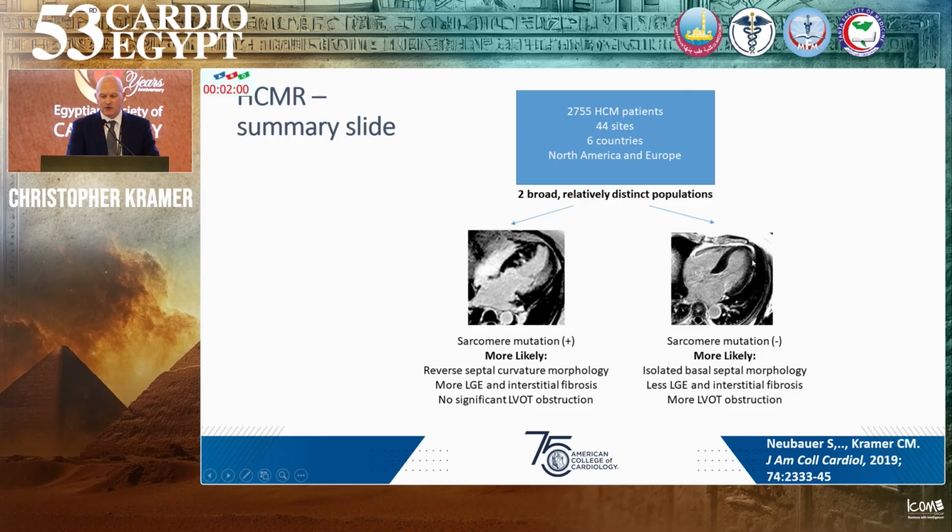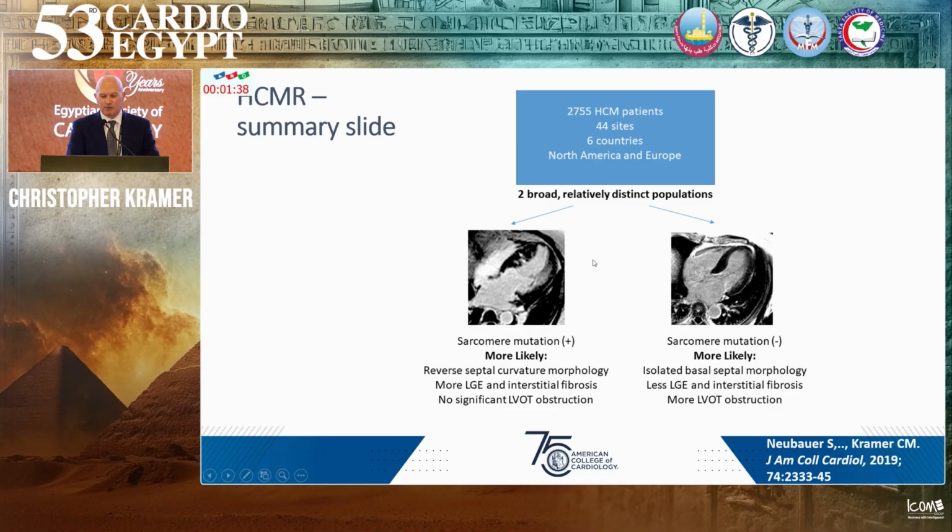Another 45% or so of patients had isolated basal septal hypertrophy. They were sarcomere mutation negative. They have the polygenic form, and they tended not to have any late gadolinium enhancement or interstitial fibrosis. And because their hypertrophy is at the base, these are the patients who have more LVOT obstruction.